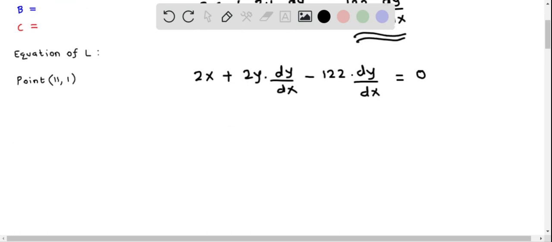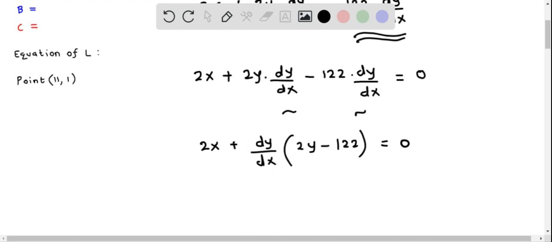Now let's factor the dy by dx from these two terms. So we will have 2x plus, when we factor dy by dx, the first term will be left with 2y, and the second term will be left with 122. So we have negative 122, and this equals 0.